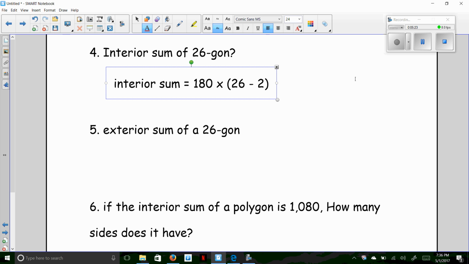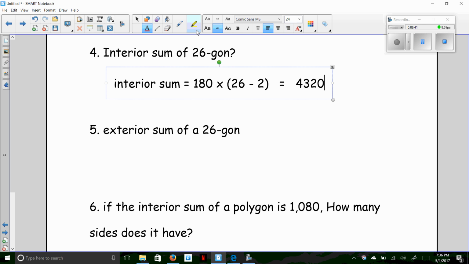If I take 26 minus 2 on my calculator, times 180, this polygon has 4,320 degrees inside it.